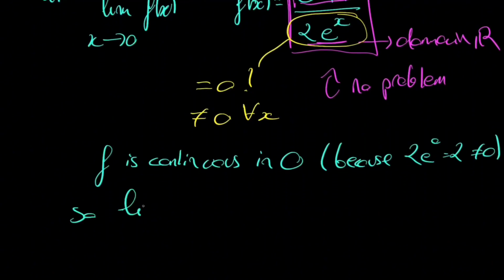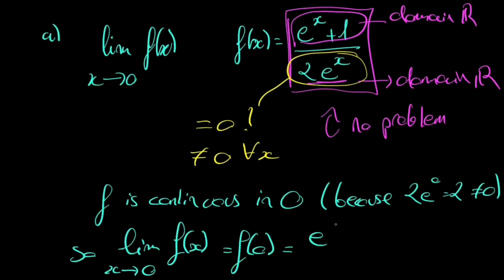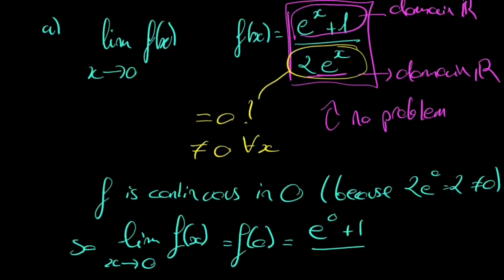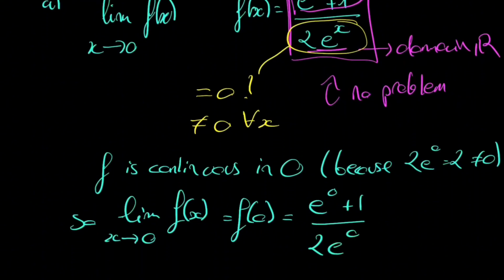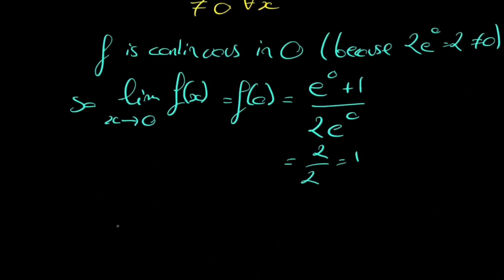So the limit of f of x when x tends to 0 is equal to f of 0, which is exponential of 0 plus 1 over 2 exponential of 0, is equal to 2 over 2, is equal to 1. So the first limit, the limit of f of x when x tends to 0, is equal to 1.